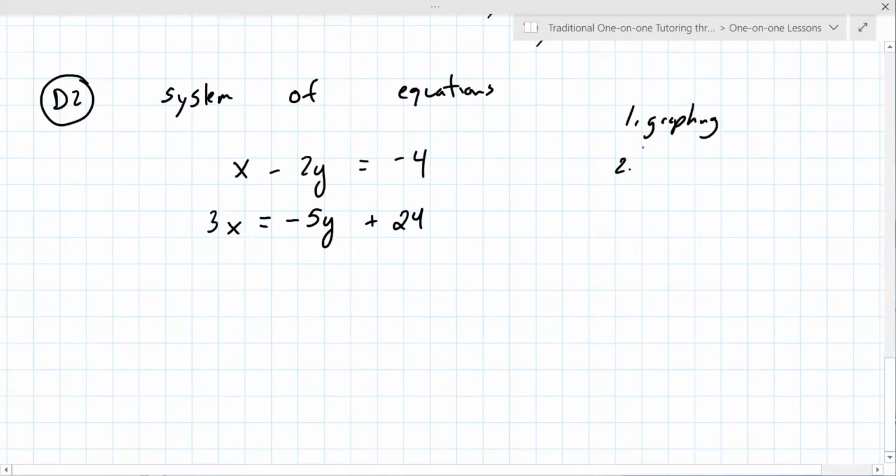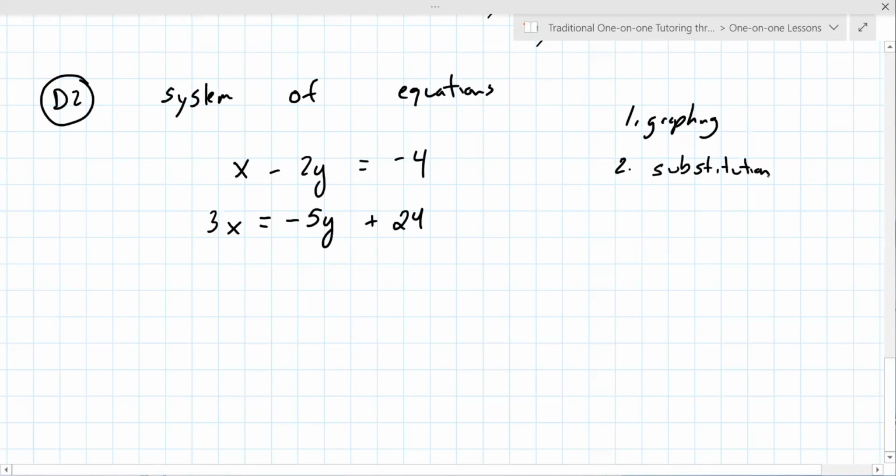Like for -4, you just multiply 2 times 2, and then something will give you the 4. Well, I think what you're describing is that the other methods we might have talked about include substitution.